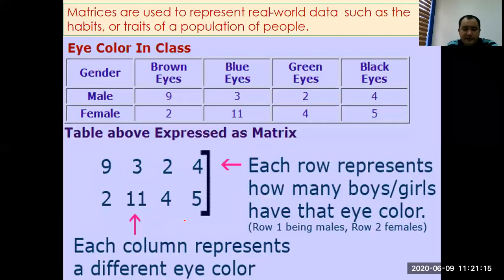For example, this is class A. In a similar way, if you're doing some kind of survey, let's say in a school we are doing this survey on 4 different classes. That is class A, class B, class C, class D. In class A, you go to the class and we have this table and you fill in this table, asking the students: 9 people have brown eyes, 3 people have blue eyes, 2 people have green eyes, and 4 people black eyes, right?